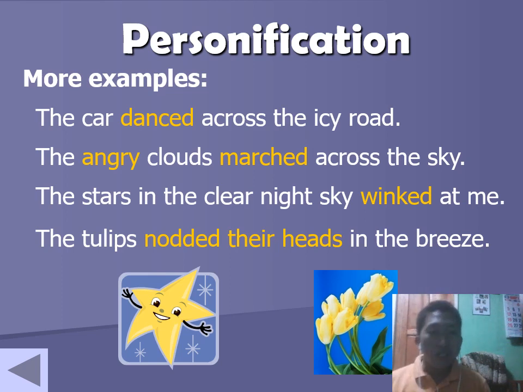The tulips nod their heads in the breeze. As you can see, the subjects in the sentences are inanimate objects. They are not human. However, it uses action words as if they are a human being.